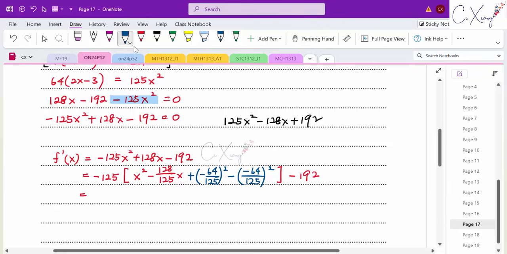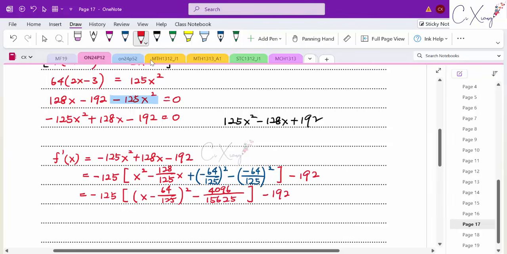Then now I want to compile the first three terms into one big bracket with a square outside. So I'm having negative 64 over 125 with a square outside. Then if I expand 64 squared divided by 125 squared, we will have 4096 divided by 15625.